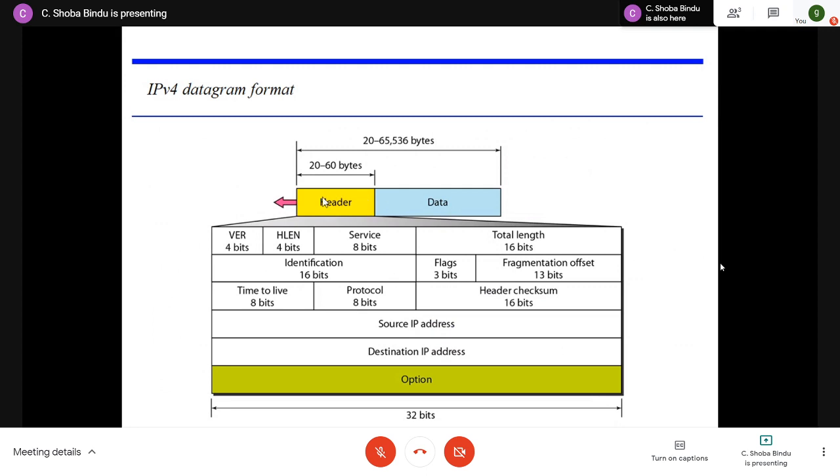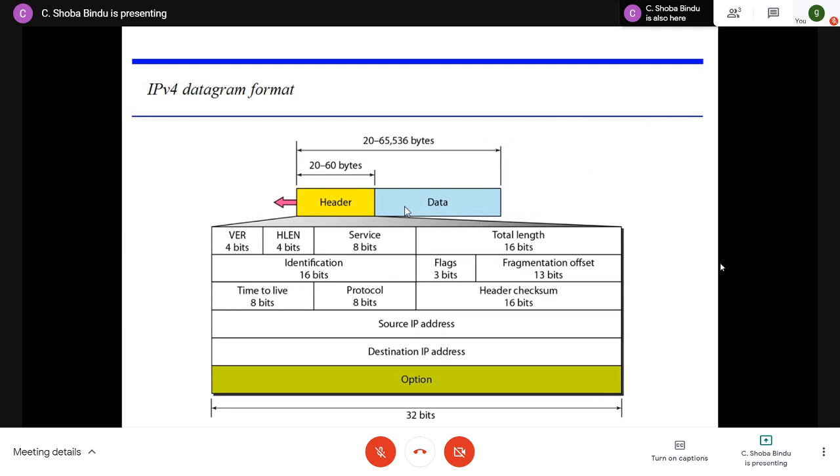When we look at the format of the datagram, the packet at the IP level, we call it a datagram. This is the IP version 4 datagram format, where the header is a variable length header that you are going to have, which ranges from 20 to 60 bytes. That is followed by the data.